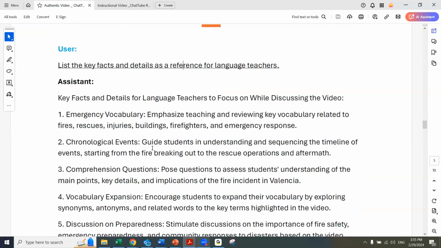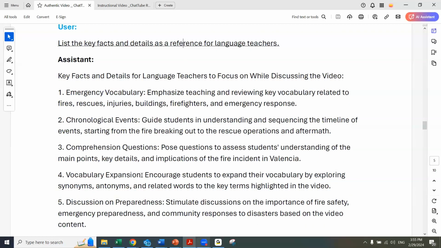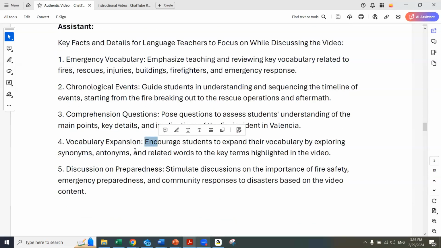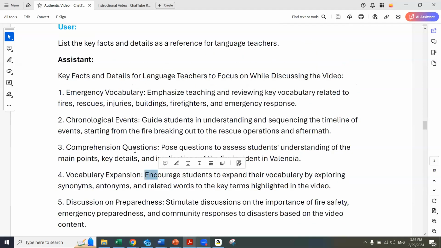It didn't give you a lot of details, but gave you some ideas: you can do vocabulary expansion, discussion, emergency vocabulary, or events order and stuff like that. So I wouldn't say super useful, but it can give you some ideas.